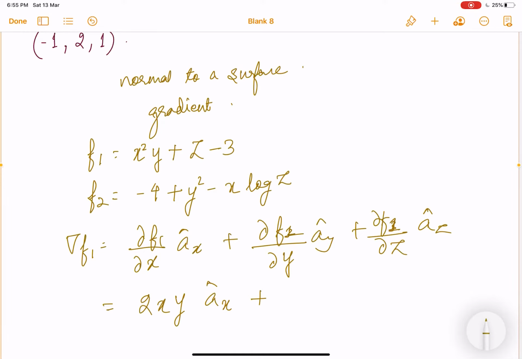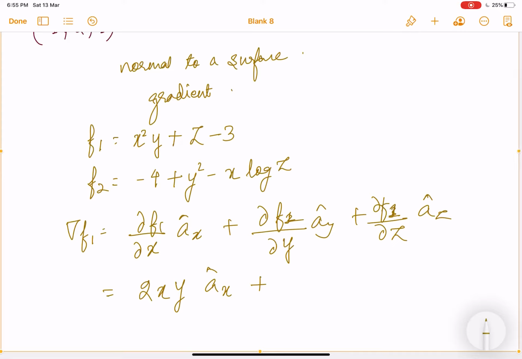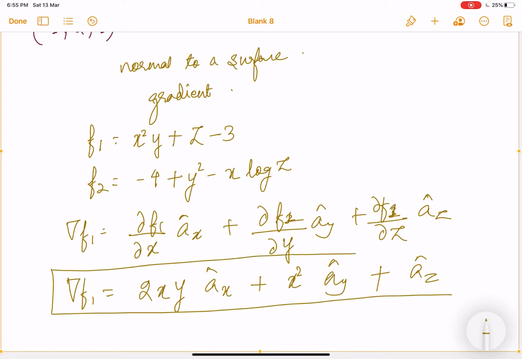Then y is differentiated and the others are constant, so x squared j. Then the next one will be 1, so k. This is the gradient for the first surface.